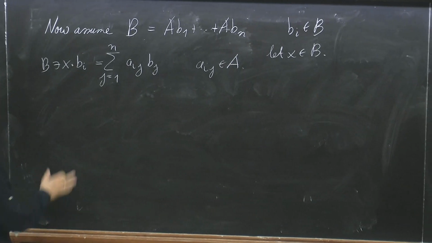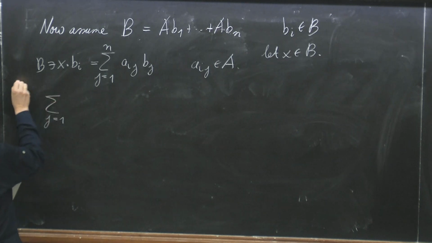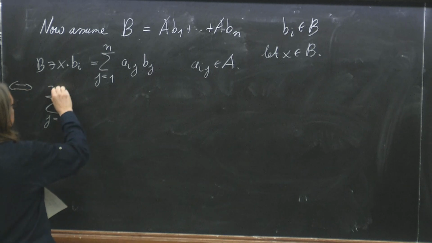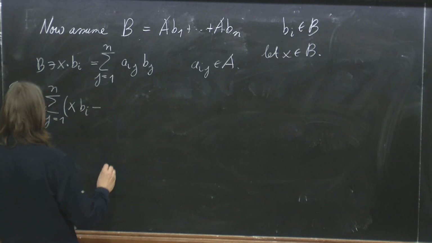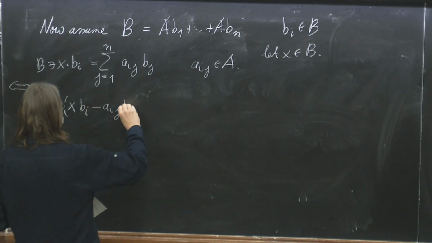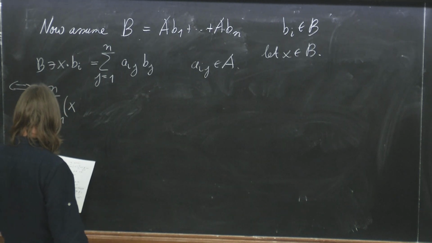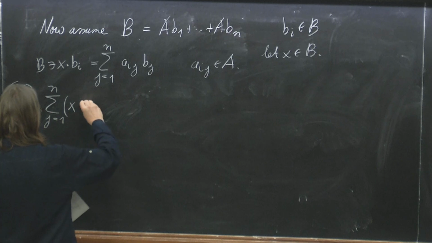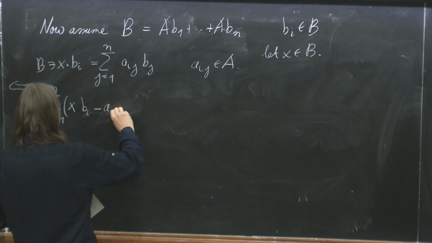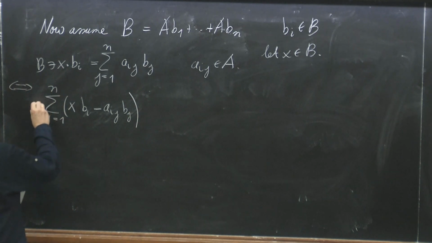Or I can write this differently, bringing this on the other side. So I have the sum j equals 1 to n of x bi minus aij bj, which is now equal to 0.